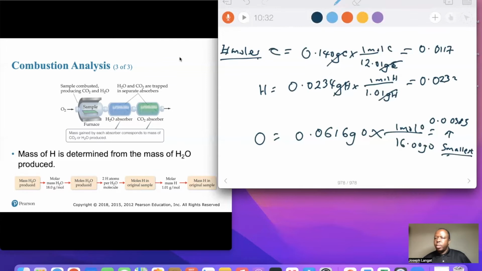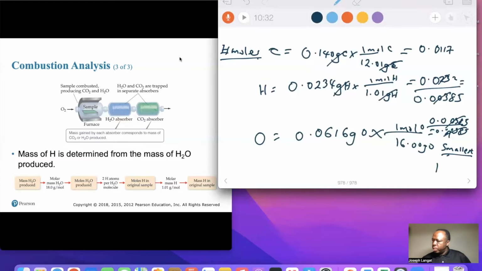That is the smallest number of moles, so I divide each by it. Here 0.00385 divided by itself cancels, and this will be 1. If I divide here by 0.00385, this will leave me with 6.